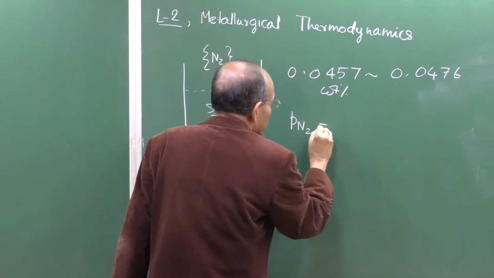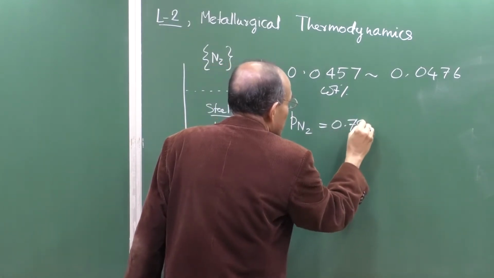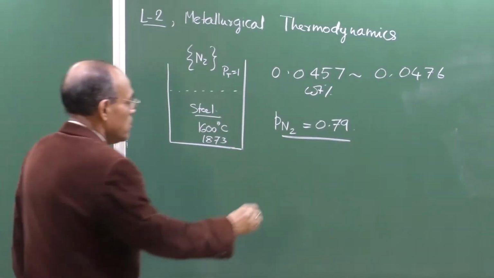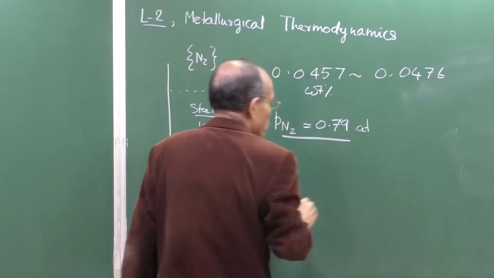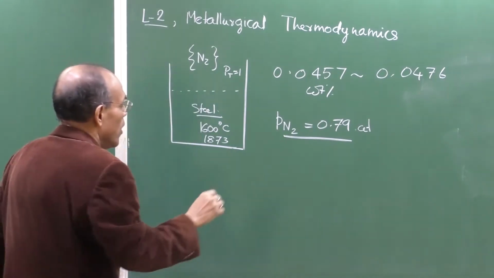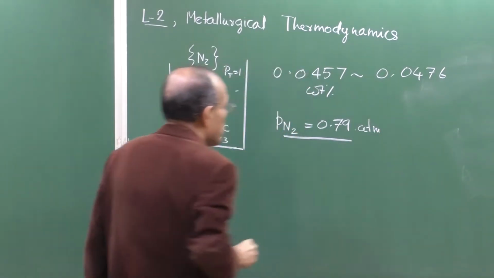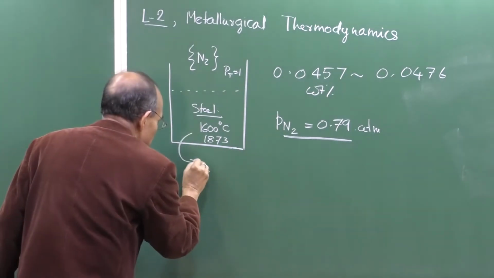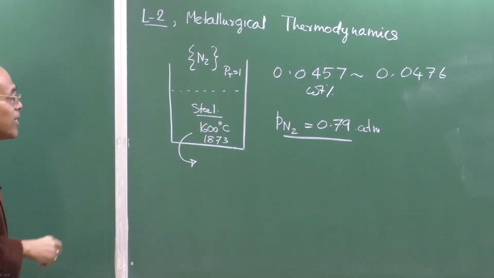So, the steel melt is subjected to a nitrogen atmosphere at a given partial pressure. Suppose the steel melt, let me complicate the problem a little bit, is an alloy steel.